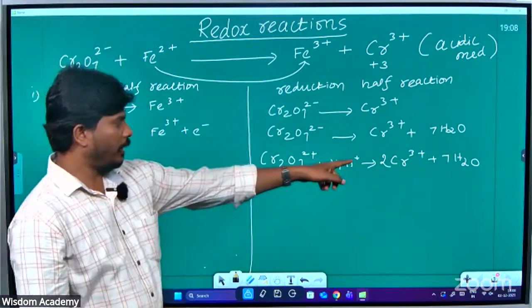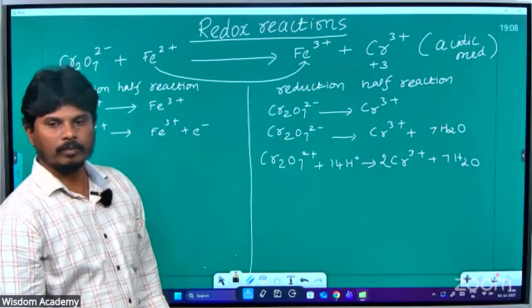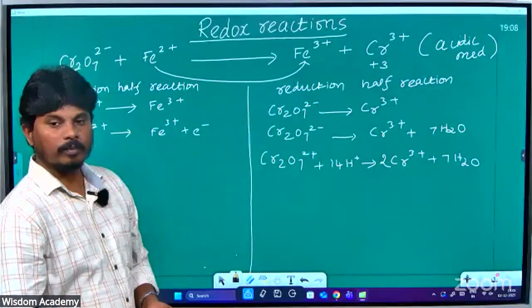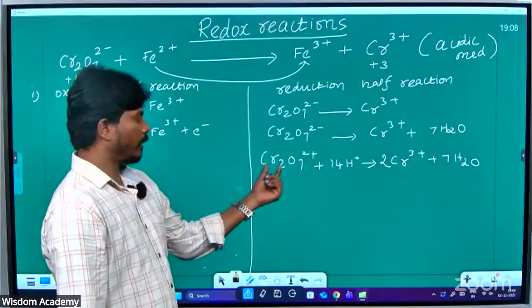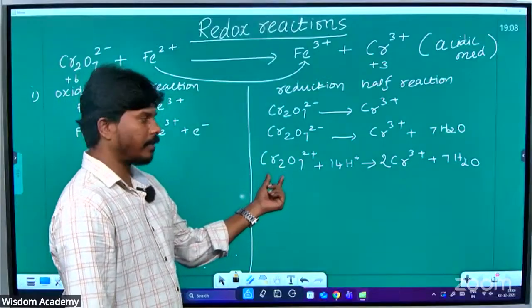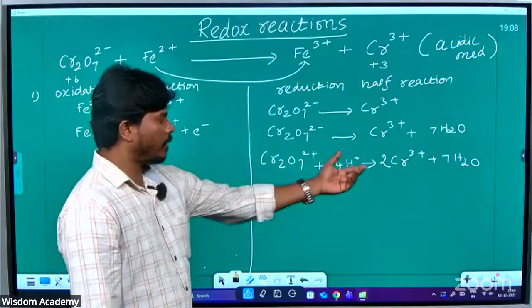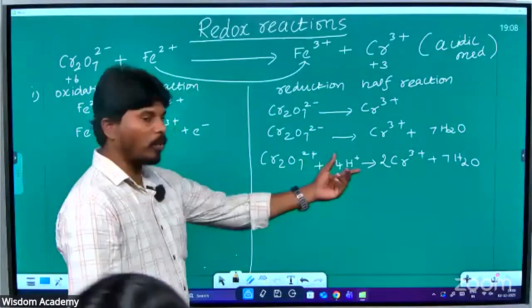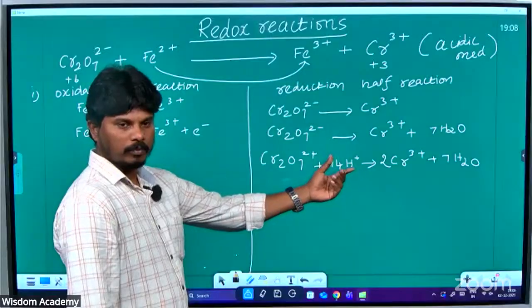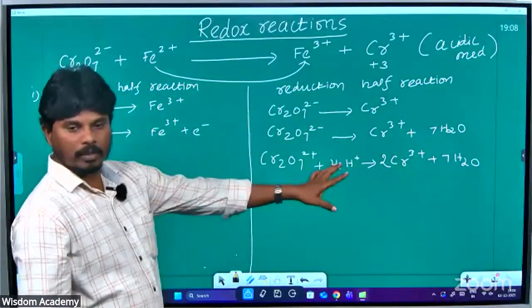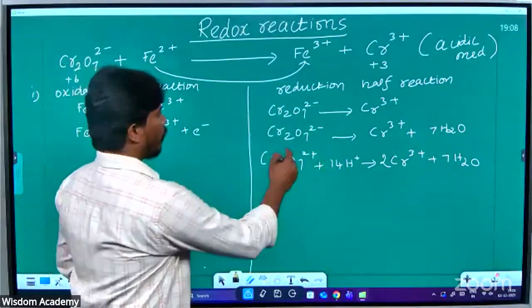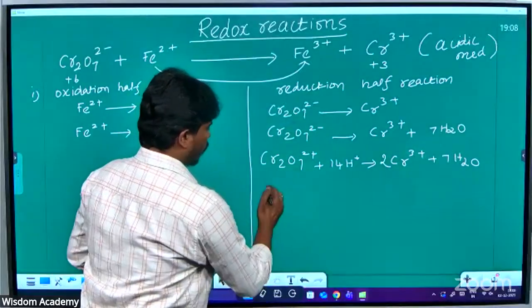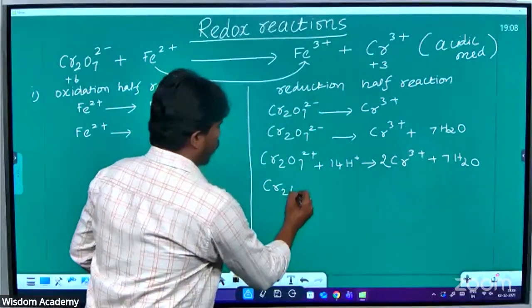Dichromate changed into Cr3 plus. Just check the oxidation state here, plus 6 turns to plus 3. 3 electrons are involved, so totally 2 chromium participated, 6 electrons involved for reduction.